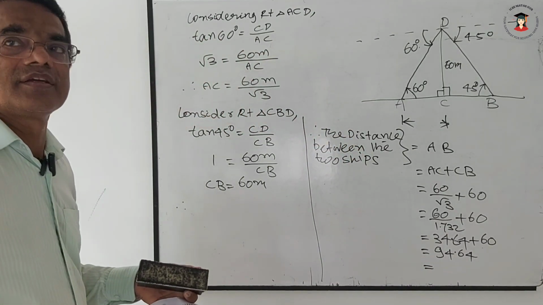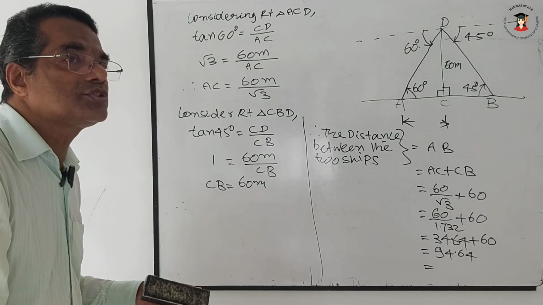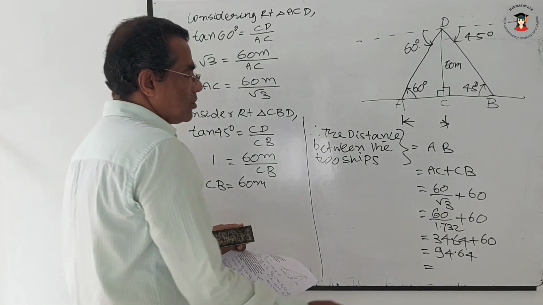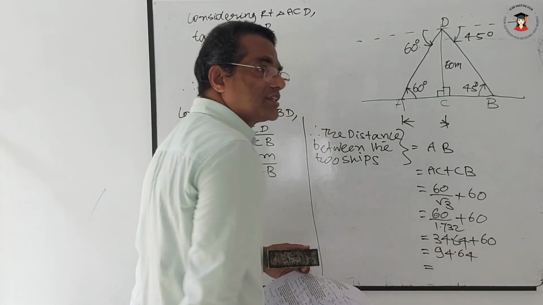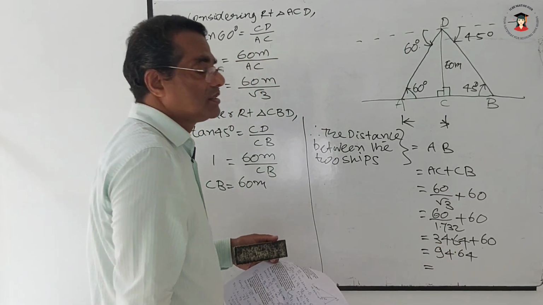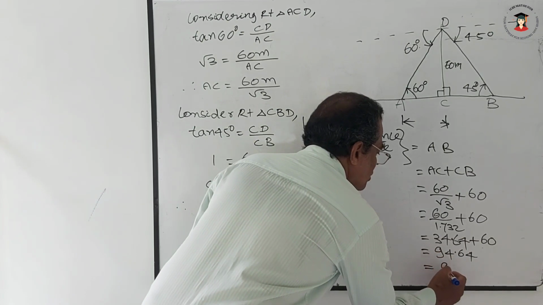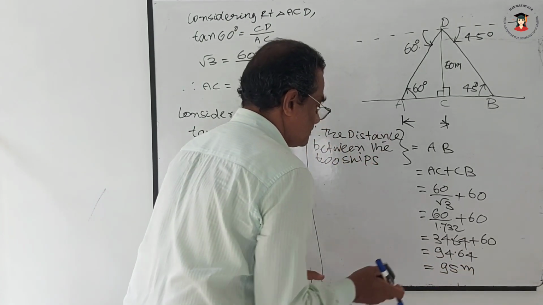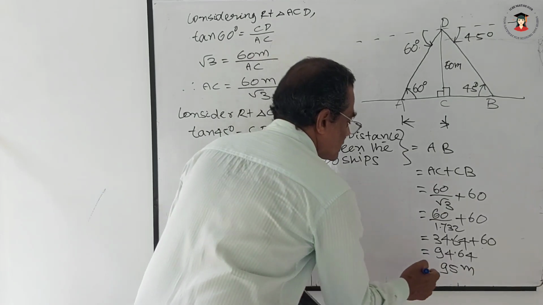We are asked to give the answer nearest to the meter, nearest meter. So since it is 0.6, we will take it as 1. So this is approximately equal to 95 meter. That is the answer.